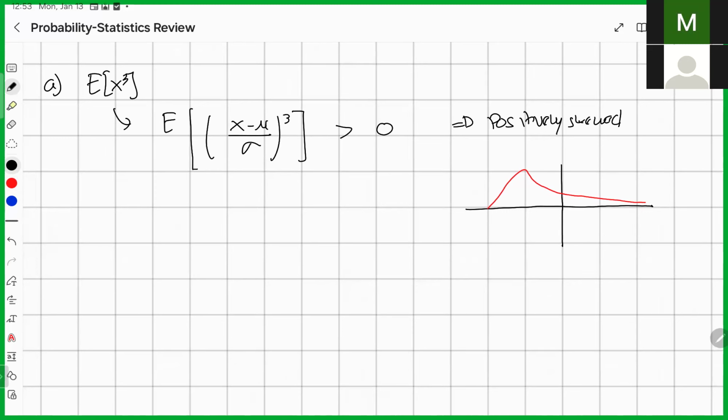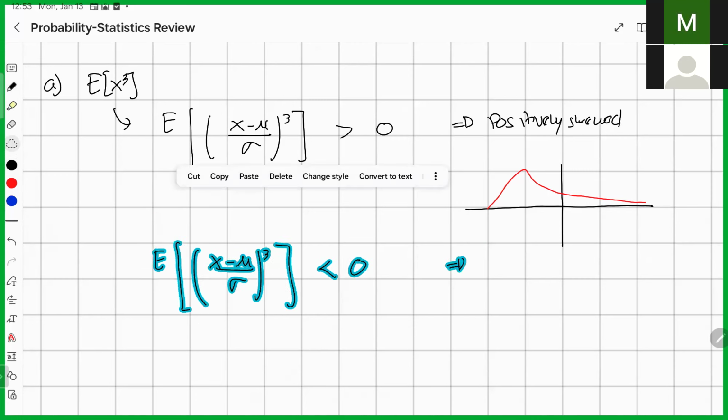And if this is smaller than 0, then it is going to be negatively skewed.